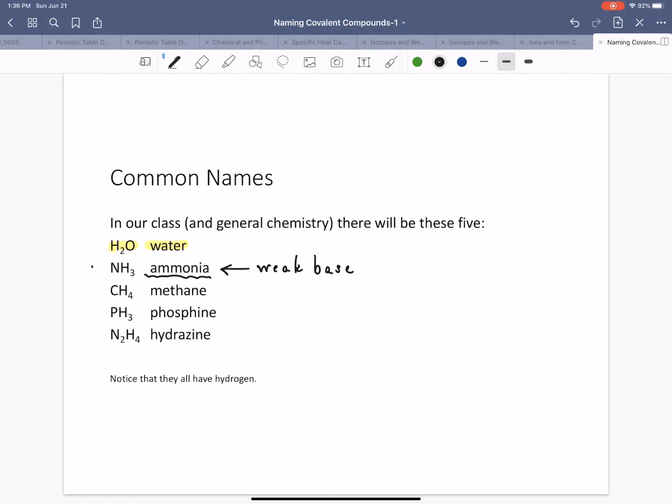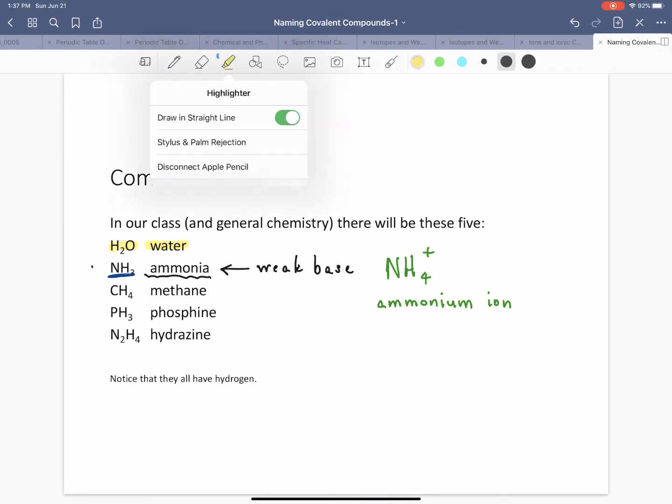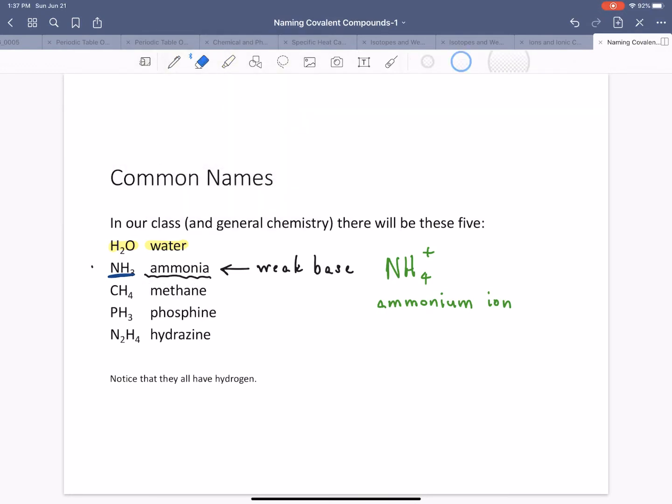It is not to be confused with ammonium ion, which looks very similar and is related, but does not behave as a base. If you're a person who makes flashcards to learn things, this might be a good combination to focus on, ammonia and ammonium ion.